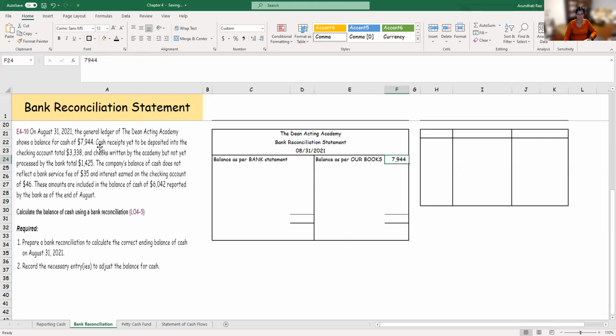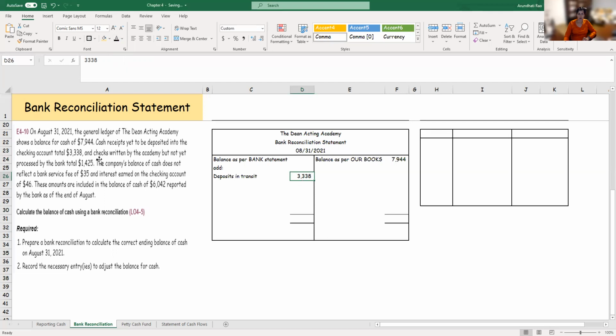Let's continue reading. Cash receipts yet to be deposited into the checking account are $3,338. So this is monies that I have on hand. I have not deposited the checks. When I deposit them, they're going to be added to my account. So it's a matter of time, as in I may have closed the books. The bank is closed, but I'm still finishing my books, and this is deposits in transit because I have the checks in hand over here.